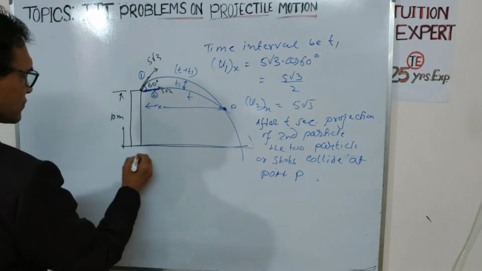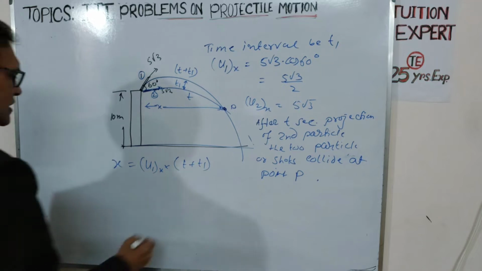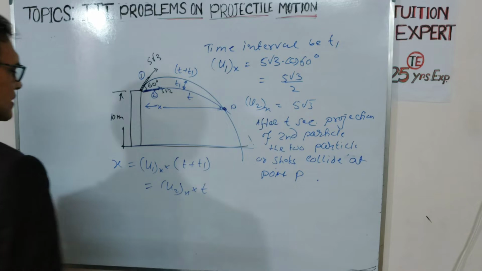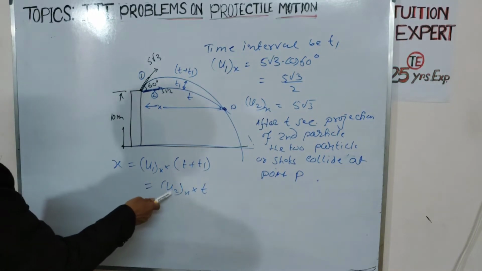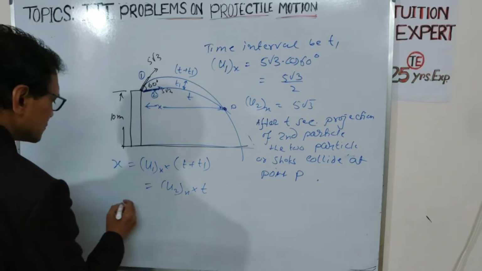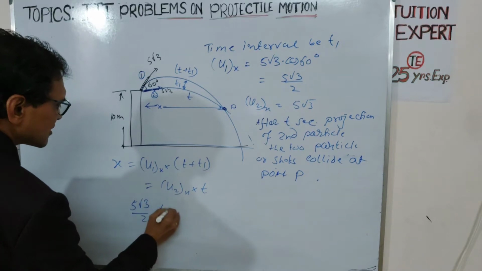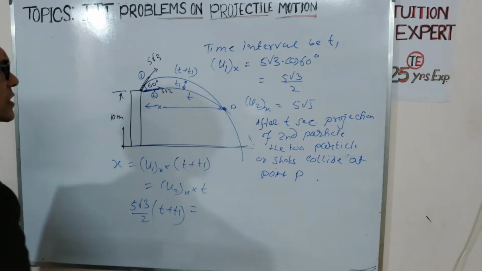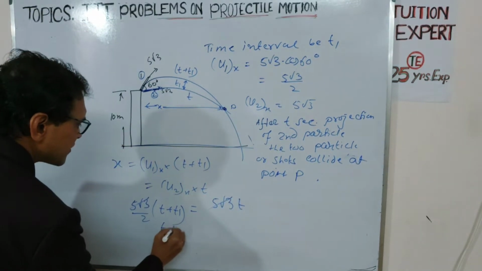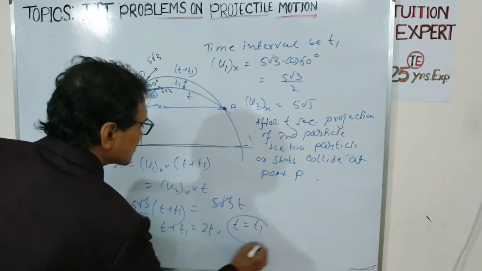So we have x equal to u1x into (t plus t1), and u2x into t. This is the distance traveled by the first particle, and this is the distance traveled by the second particle. Now we put in u1x and u2x, and cancel this: t plus t1 equal to t, so t equals t1.